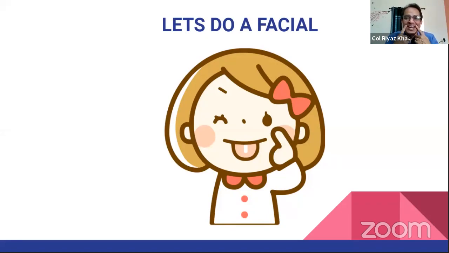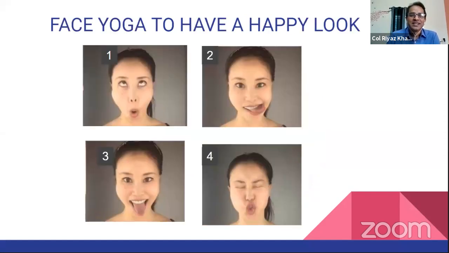Everybody, wherever you are at your home, somebody's around you, give them a nice smile. Okay. And this smile is the real facial. This smile is what makes you look young. Then we can do some face yoga. One is just lift your eyes and your face. Two is move your tongue around.